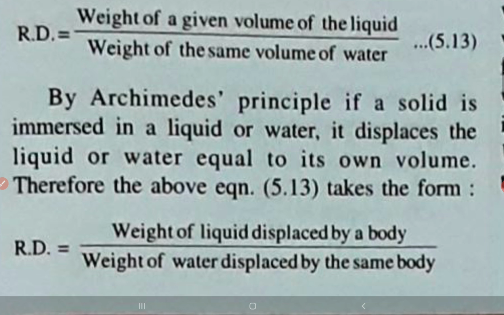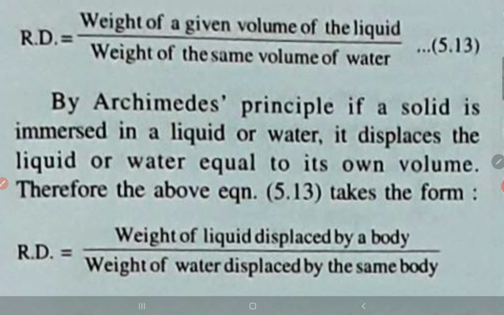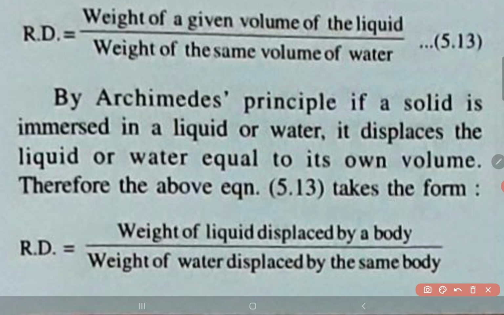So the above equation will take the form: relative density will be equal to the weight of the liquid displaced by the body upon the weight of the water displaced by the same body. Since the volume will be the same, now we have a valid formula for the relative density of a liquid.